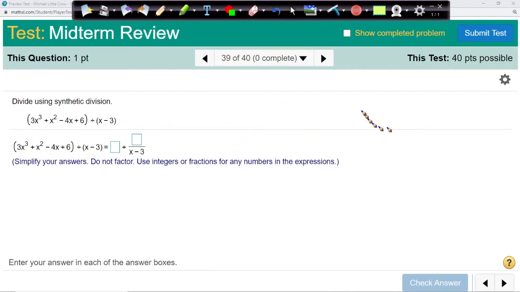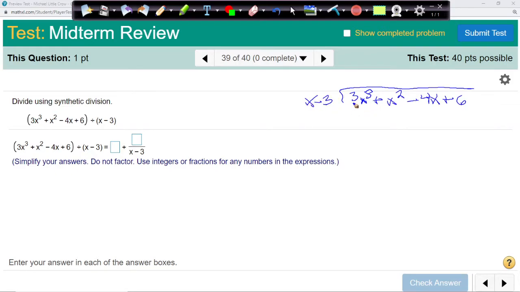We're taking 3x cubed plus x squared minus 4x plus 6, and then we're going to use the division. We're going to go with x minus 3.